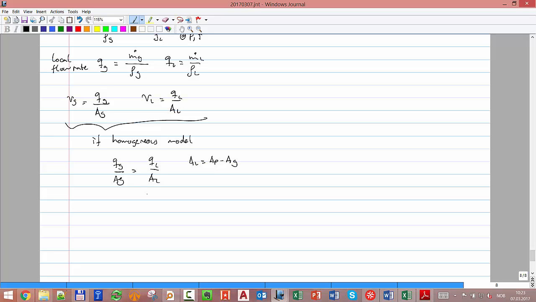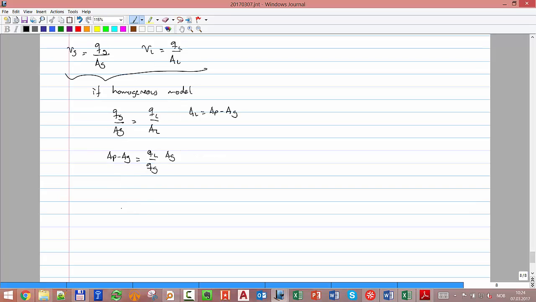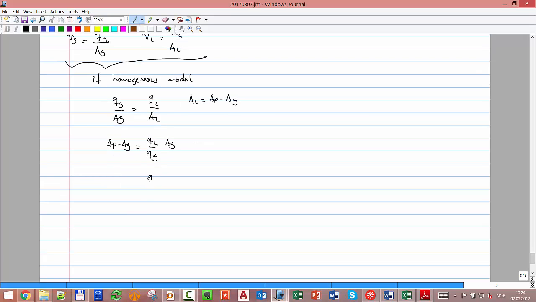I substitute that here, and I end up with QL over QG equal to AP minus AG over AG, and then I end up with QL over QG plus 1 equal to AP divided by AG.